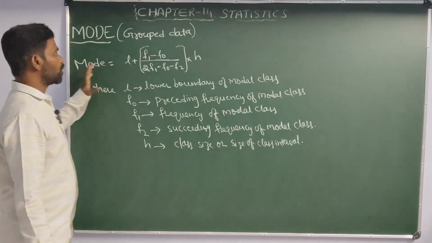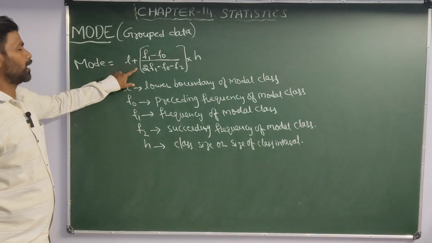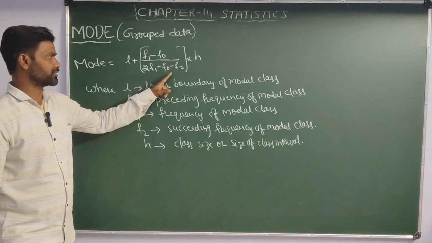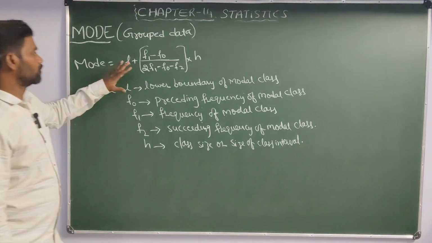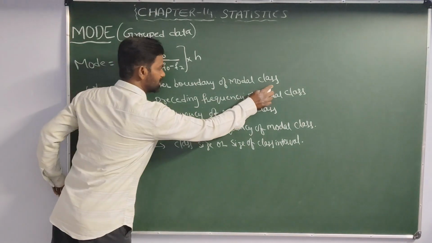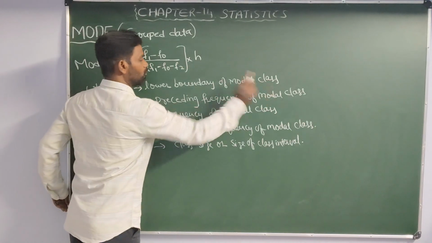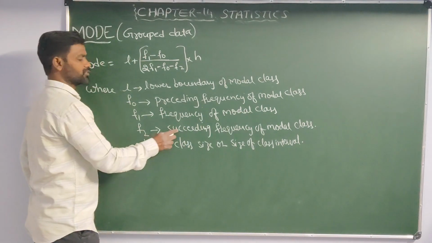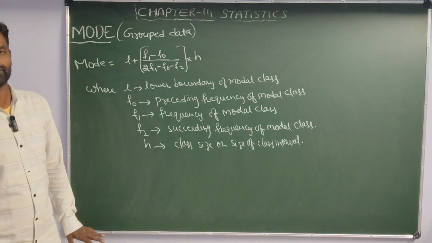Okay, next, mode of grouped data. We have one formula: mode is equal to L plus (F1 minus F naught) by (2 F1 minus F naught minus F2) into H. Now we have to describe what is L, where L is the lower boundary of the modal class, F naught is the preceding frequency of the modal class, F1 is the frequency of the modal class, F2 is the succeeding frequency of the modal class, and H is the class size of the modal class.